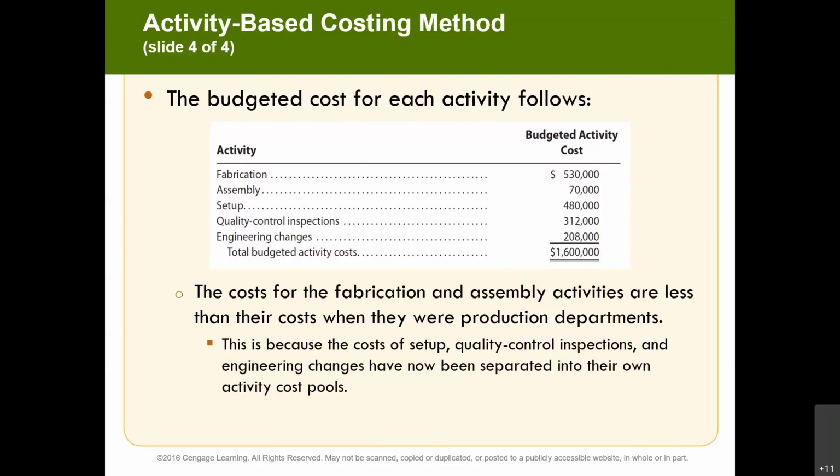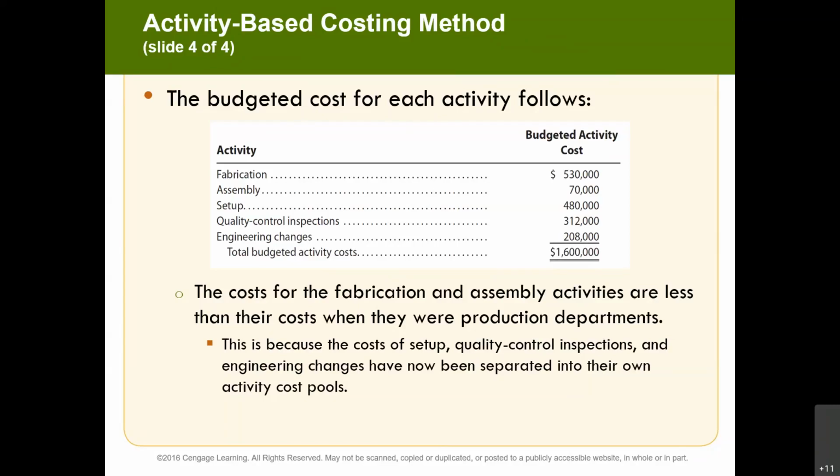And fabrication, which is the development of the frames for each product, we budgeted $530,000 of factory overhead. For assembly, meaning the actual labor that it takes to put these together, we budgeted $70,000 of factory overhead.